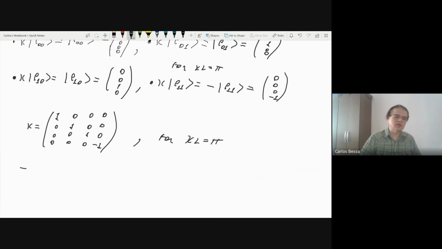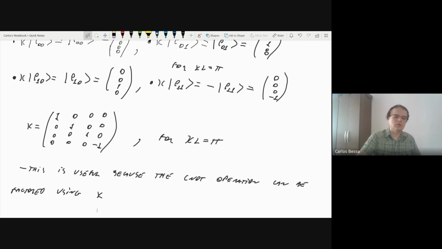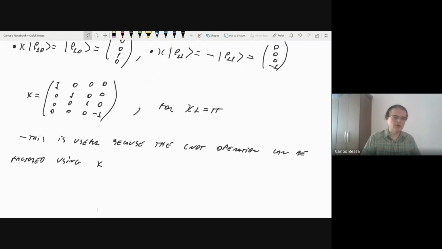And this is useful because the CNOT operation can be factored using K, the matrix representation of K.